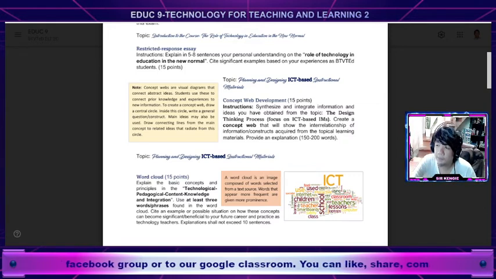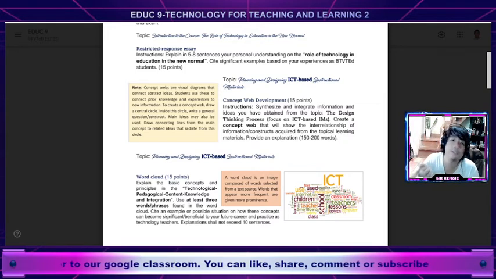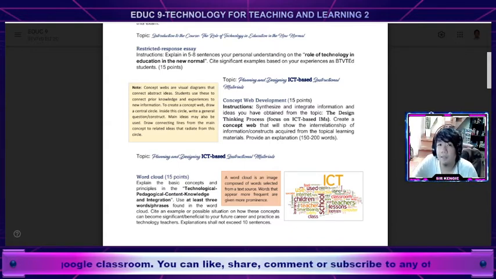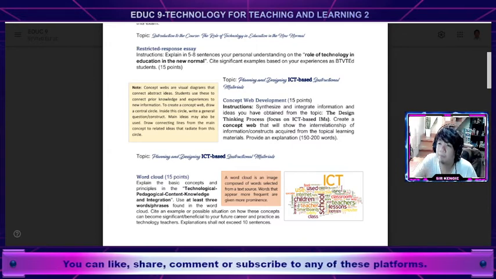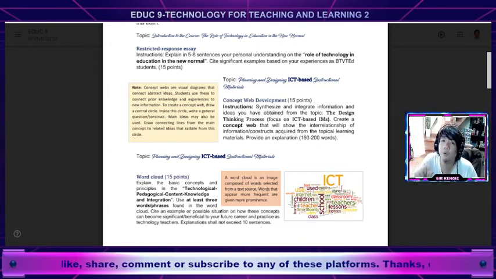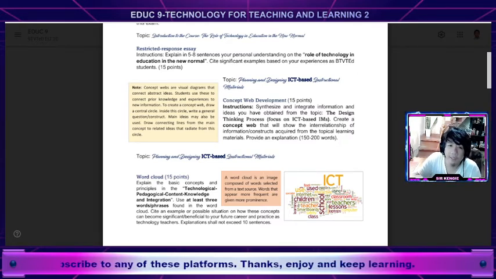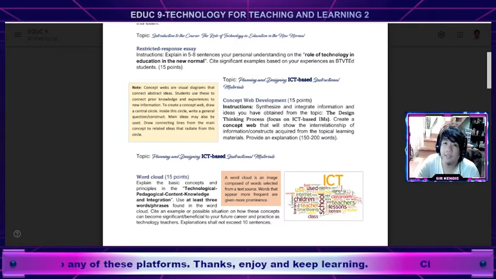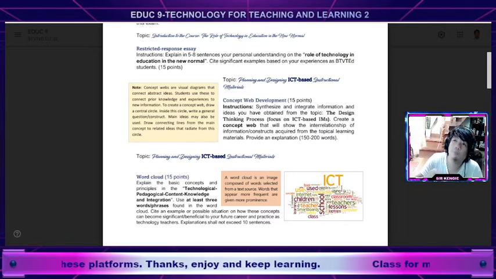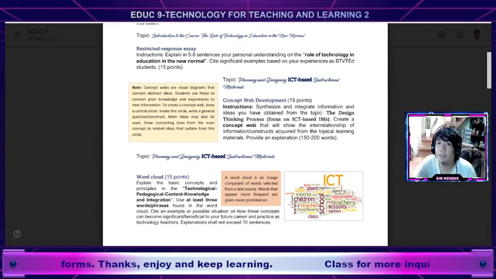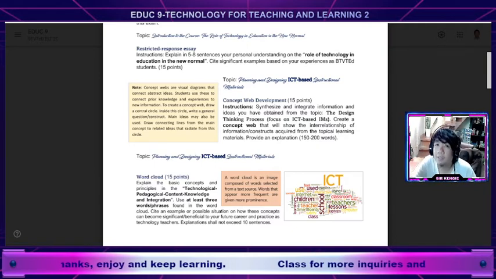Okay? The instruction in coming up with a diagram: first draw a circle and put there the general topic, your main idea, or you can pose a question. And you can draw connecting lines from the main circle to come up with another topic, but related to your main idea.